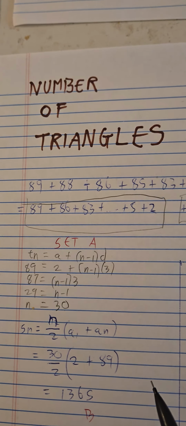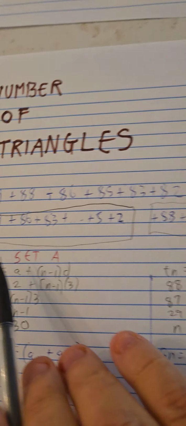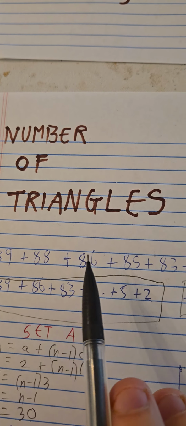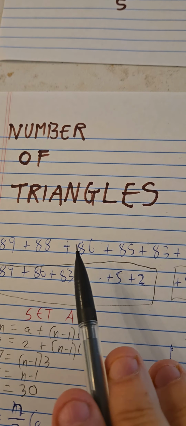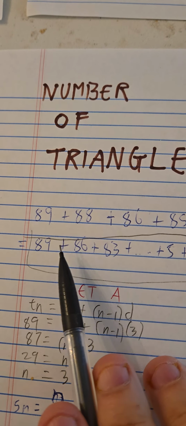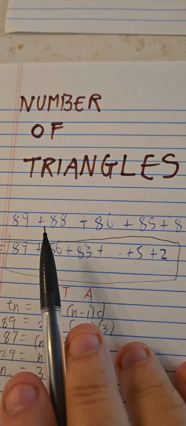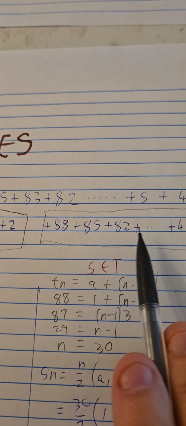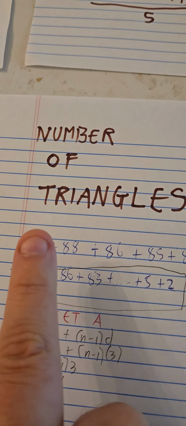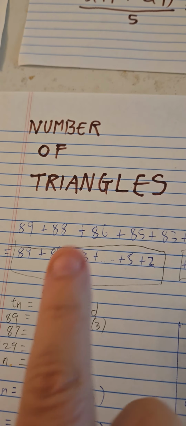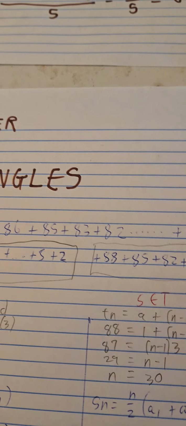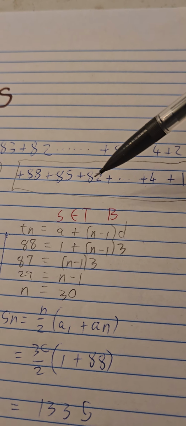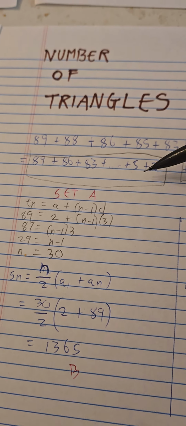And once again, it's easy to separate it into set A and set B. I take every second one, add them together, 89 plus 86 plus 83, I rewrote here. And here, 88 plus 85 and 82. So I separated terms 1, 3, 5, 7, I put on the left. Terms 2, 4, 6, 8, I put on the right, because it's easier, because they go down by 3.